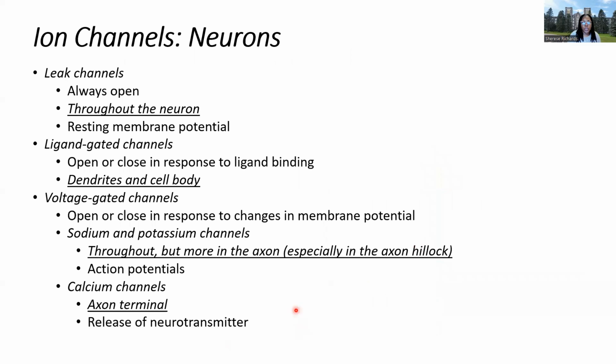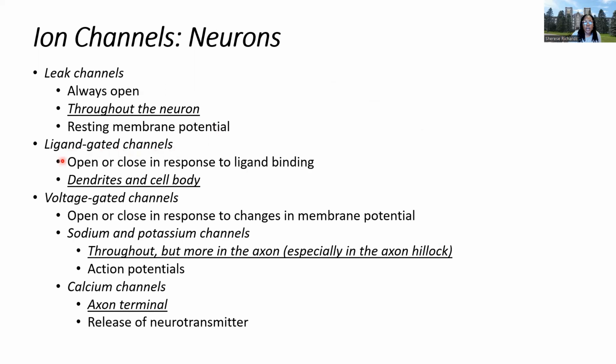We also want to reiterate where each of these channels is on the neuron and what they're responsible for. Leak channels are always open. They move ions according to the concentration gradient, and they are found throughout the neuron, contributing to the resting membrane potential, as we described previously.